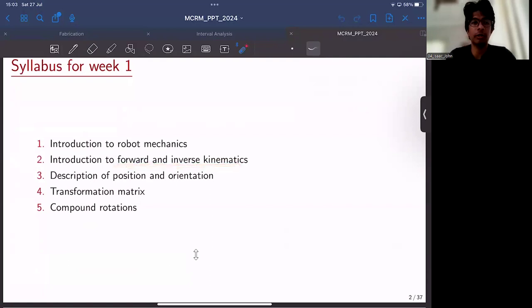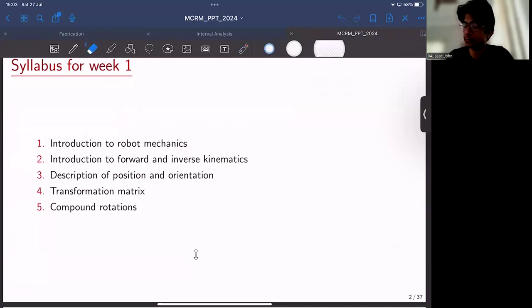We would also discuss how to describe the position and orientation of a rigid body, because in this course we would be assuming that the robotic manipulator is basically constituted of several rigid bodies connected one after the other. And description of a rigid body requires knowing how you would navigate among frames. So we would cover that topic.